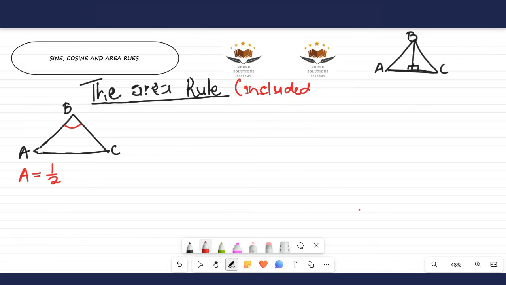An included angle is if you're going to use your sides.